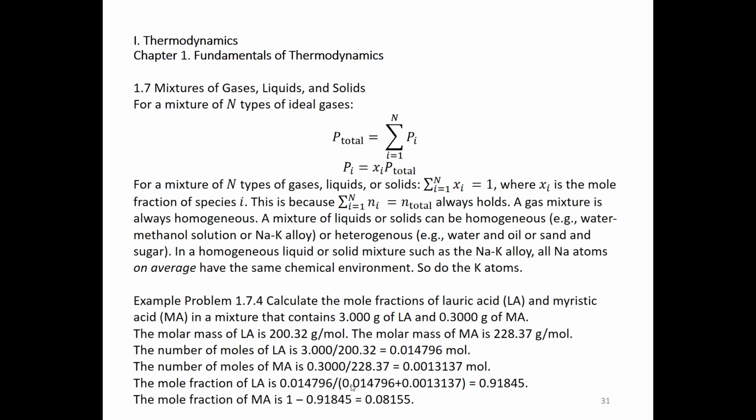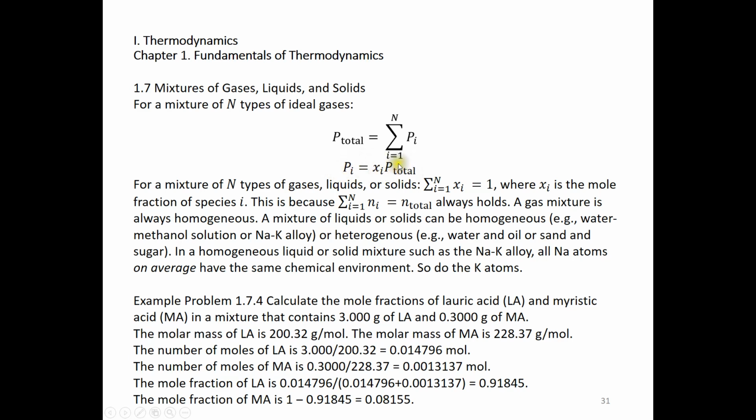Now, in general, for a mixture of many types of ideal gases, for example, what if we have 100 different ideal gases? Then still the total pressure is the sum of partial pressures, and the partial pressure is the mole fraction times the total pressure. For species I, P sub I is simply X sub I times P total.